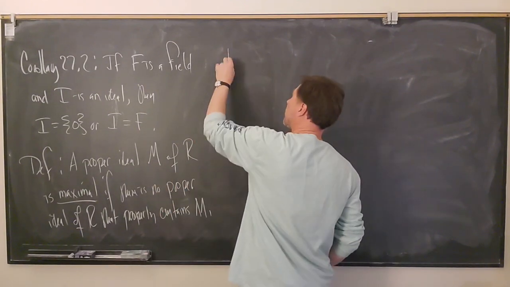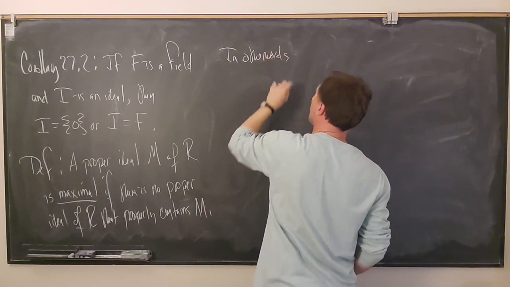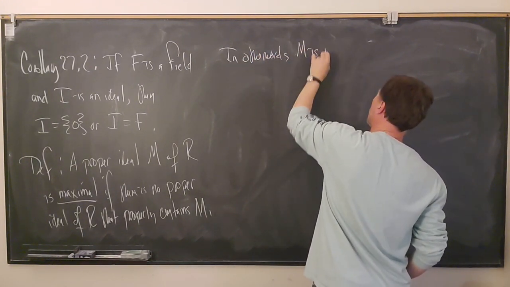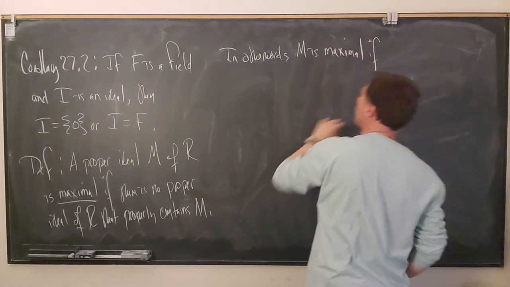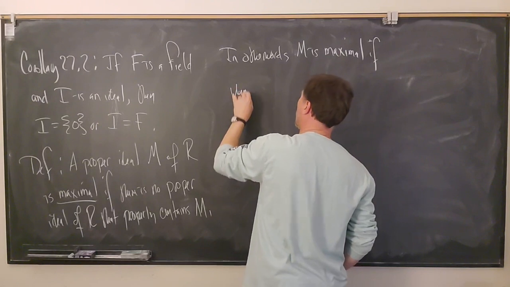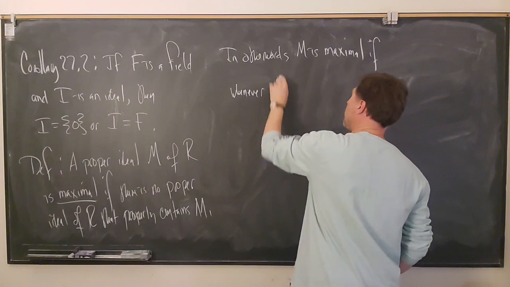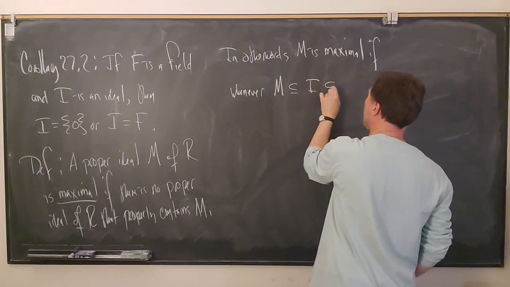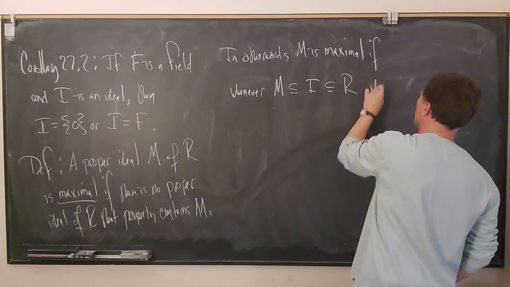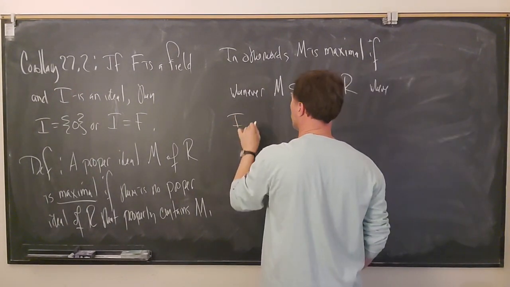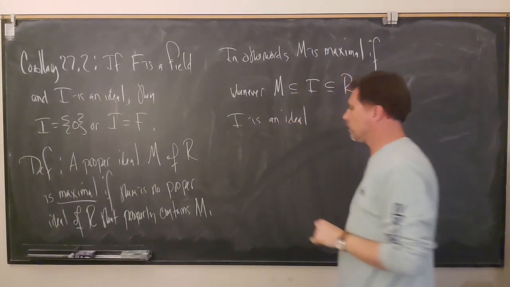So there's the definition, but in other words, M is maximal if whenever we have this situation right here, M contained in I, contained in R, where I is an ideal, what does this definition say?